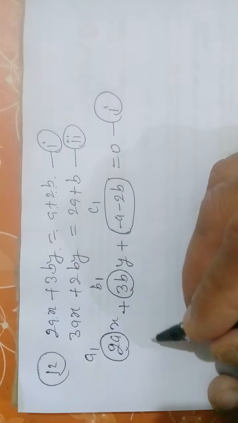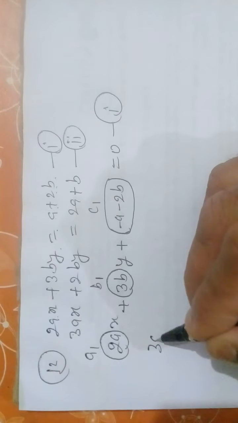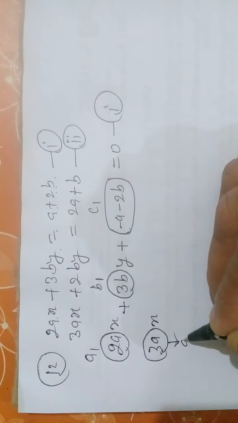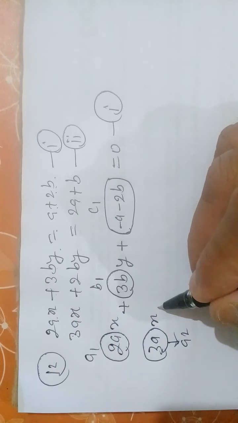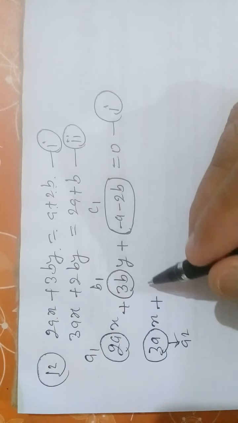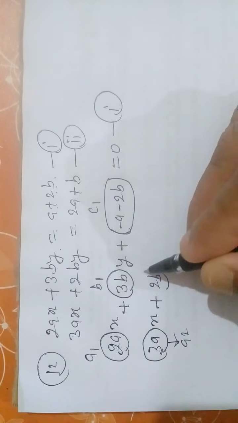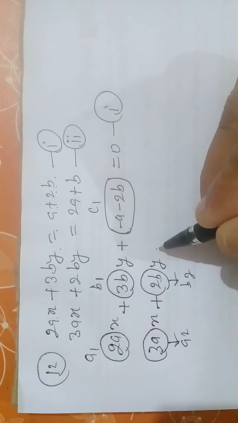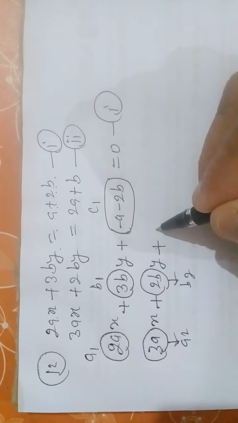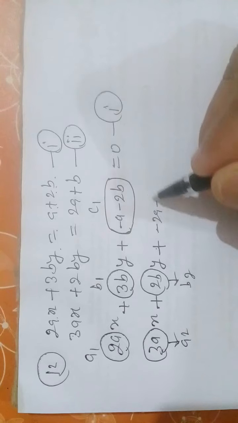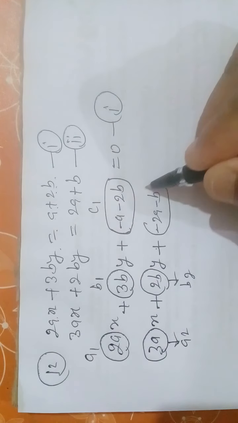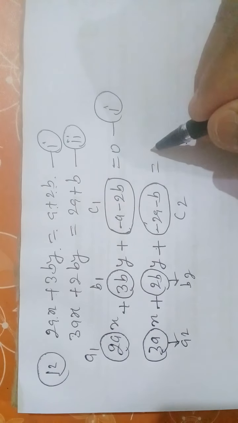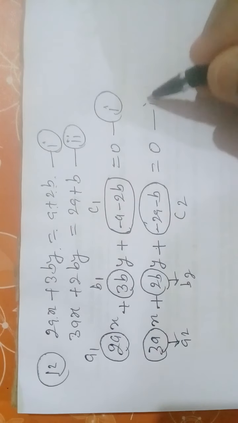Similarly, in this equation 3ax value of a2 plus 2by value of b2 plus minus 2a minus b value of c2 is equal to 0, equation 2.